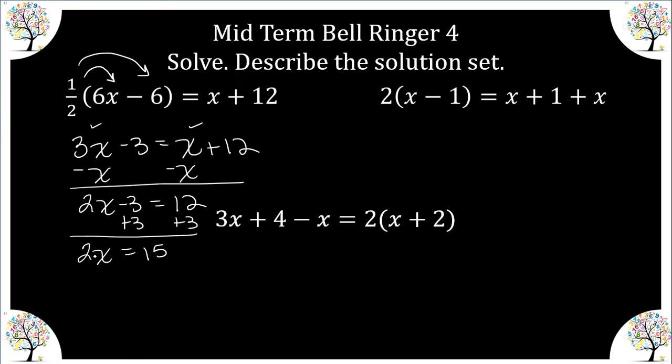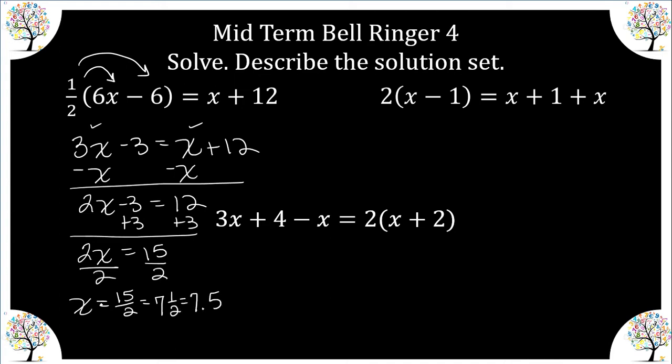Then we're going to undo multiplication by division, and x is going to be 15 over 2. You can leave it in this form, or convert it to 7 1/2 or 7.5.